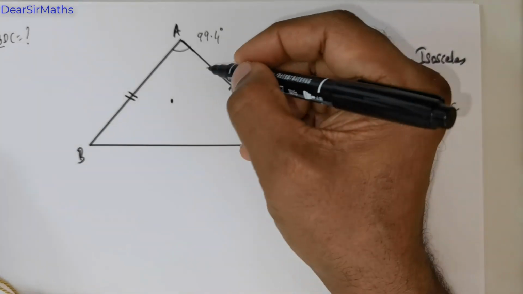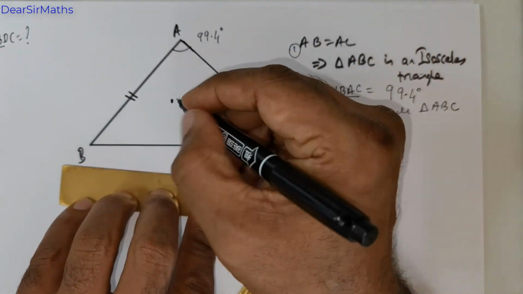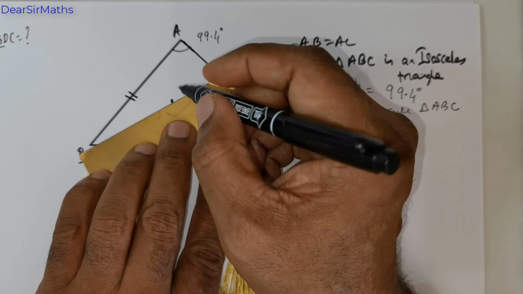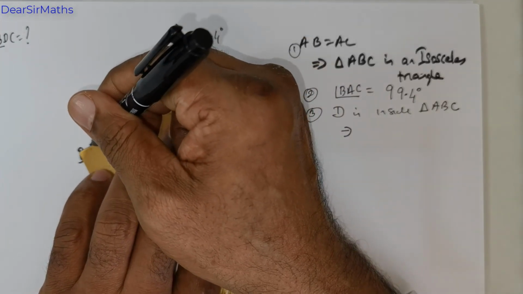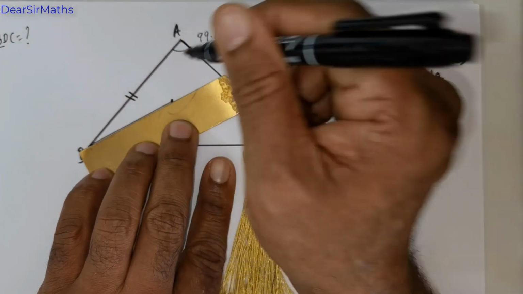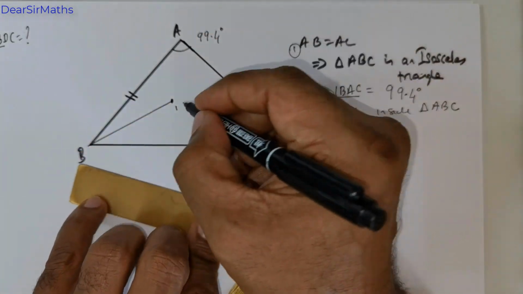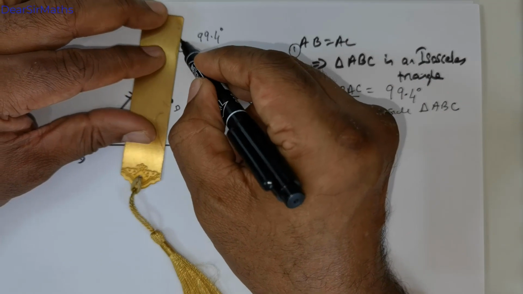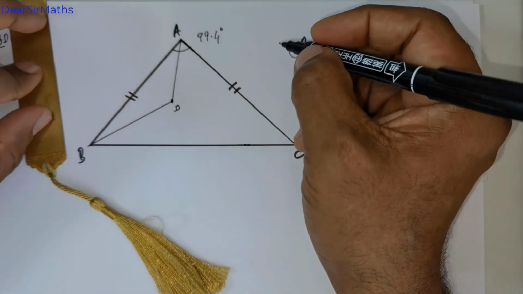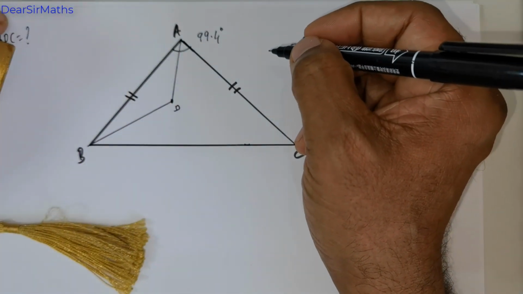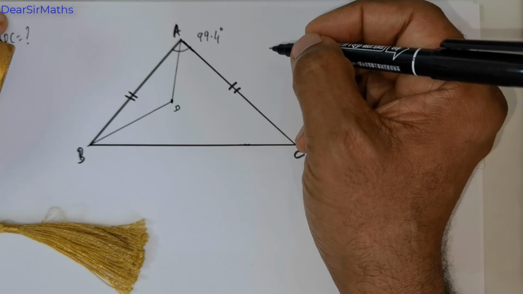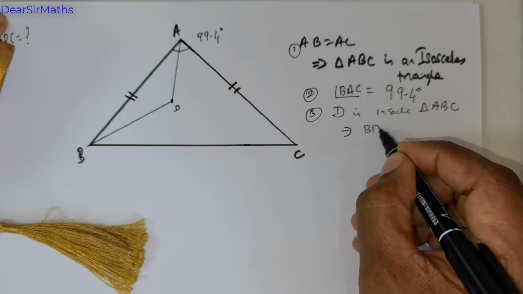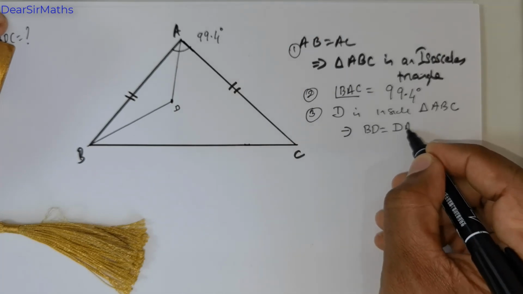such that if I were to connect, so let me connect this point B with D. This point is D. So the point is also connected with A, and we've been given that BD is equal to DA.